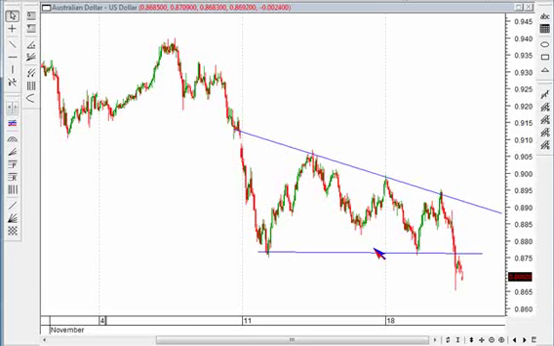And Boyke asked the question, why do patterns repeat? And it's because, like we were talking about at the beginning, these patterns are visual representations of investor psychology. They're just showing you what is going on in the minds of investors as they get to these various support and resistance levels.